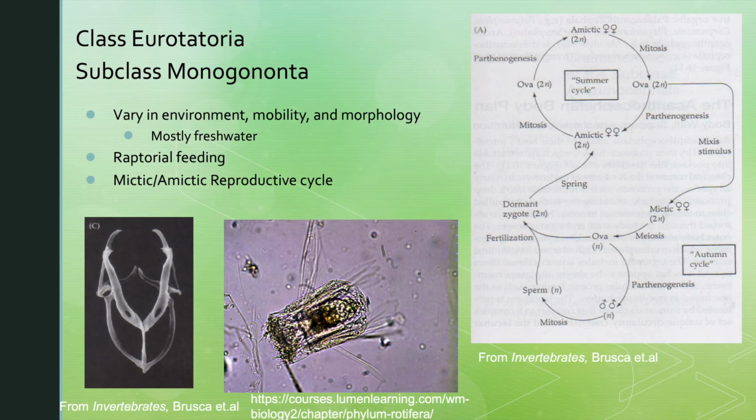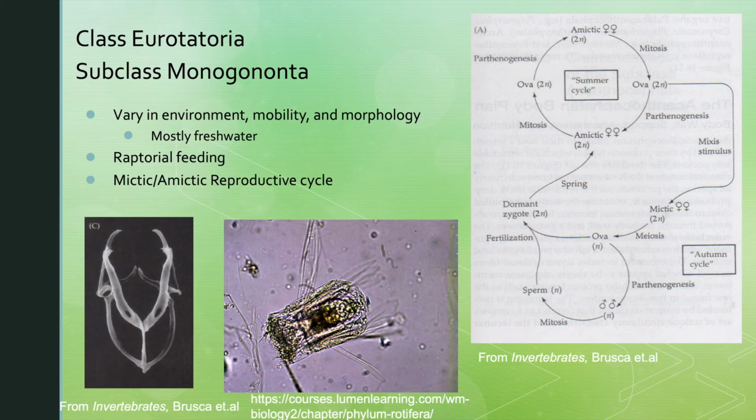What this is saying is basically that you will have amictic females, which are diploid females that can produce amictic eggs mitotically that don't need to be fertilized because they're also diploid, and they'll be able to divide mitotically further and create a fully formed amictic female. That process is called parthenogenesis, and that can keep continuing as long as the environmental conditions are ideal.